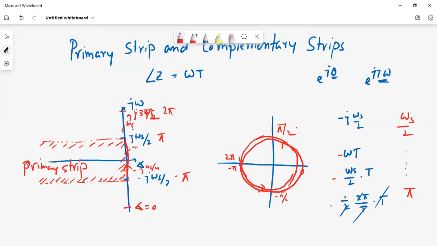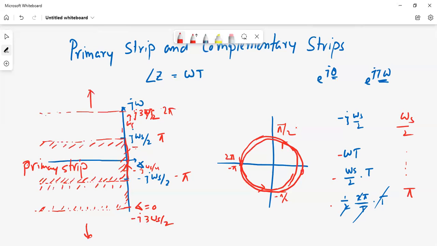If you go to the next one, that is minus j 3 omega s by 2. So the encirclement of the origin with the radius of 1 is being repeated. The other zones, infinite number of them, as long as you go toward positive infinity and negative infinity, which are identical with the primary one, are called complementary strips.